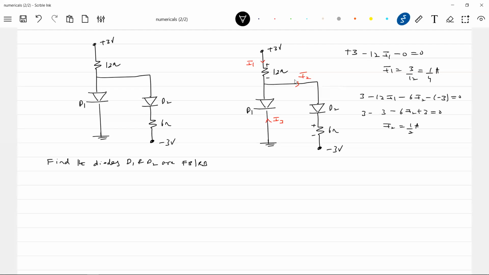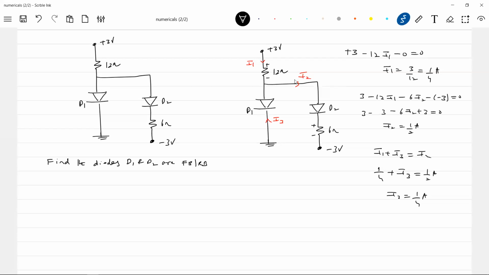Then according to this, I1 plus I3 equals I2. I1 is 1 by 4, I3 we don't know, I2 is 1 by 2. I3 I got as 1 by 4 ampere.